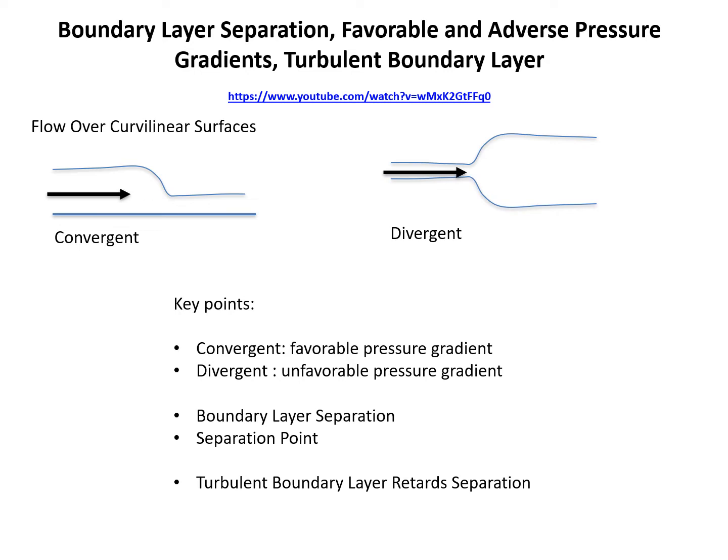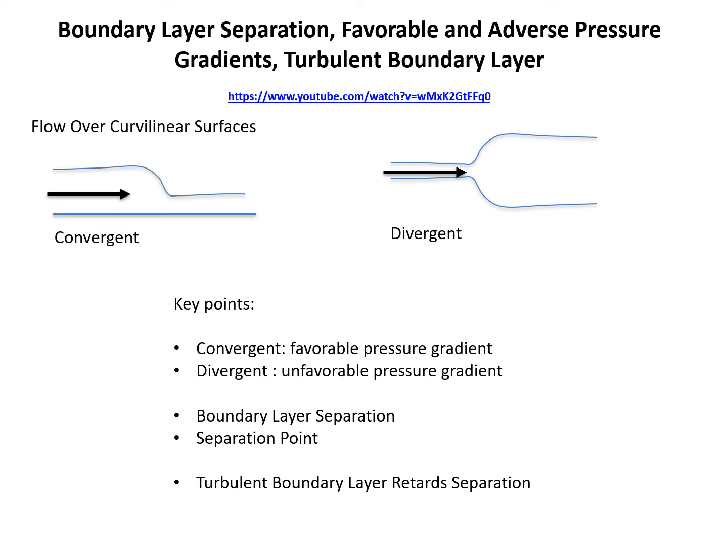So there's more shear stress in the wall. There's a higher shear stress, and most of the vorticity is therefore located very close to the wall. This is called a favorable pressure gradient.